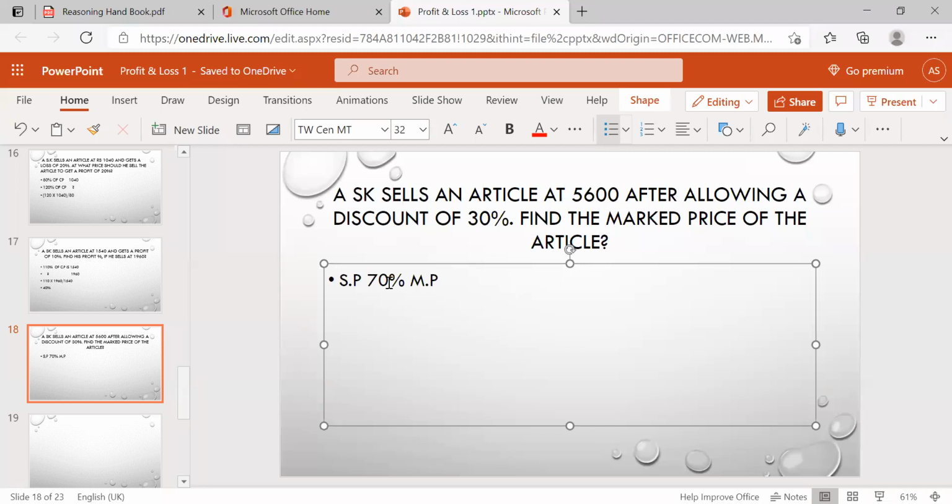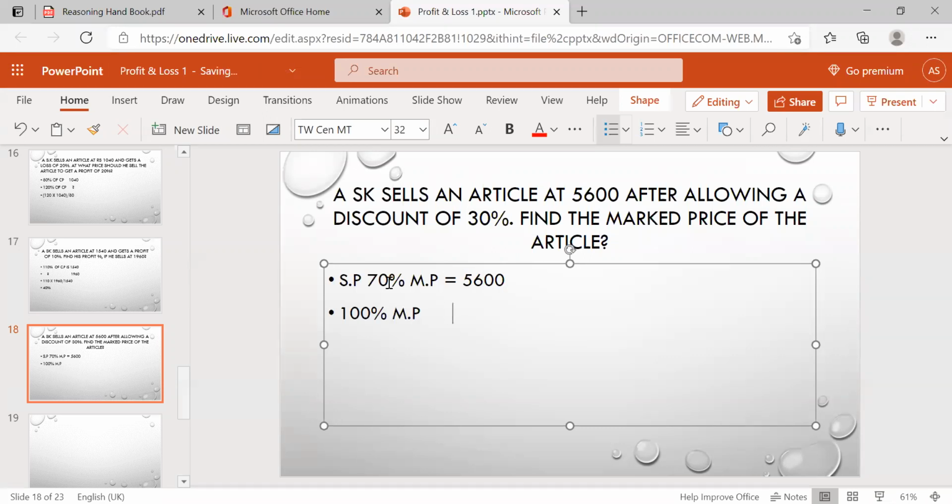Suppose the market price is 100, then they give 30% discount. That means 70% of the market price is nothing but the selling price, which equals 5,600. And now they're asking for 100% of the market price. That's it, they're asking to find our market price.